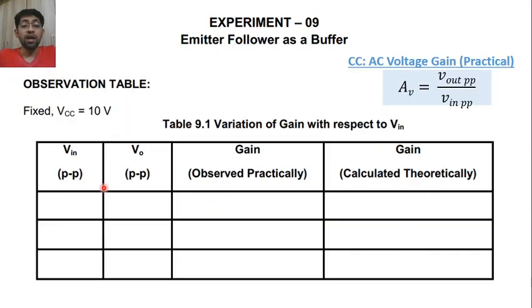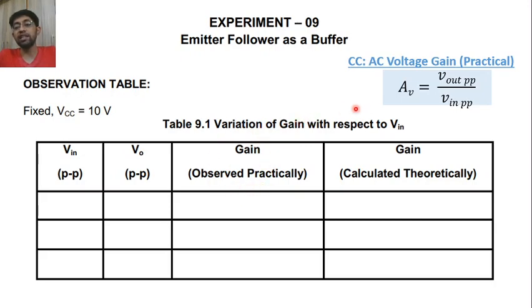Here we can see table number 9.1, which shows the variation of gain with respect to V in. The input V in we will vary, we will measure V out, then we will calculate the gain observed practically.